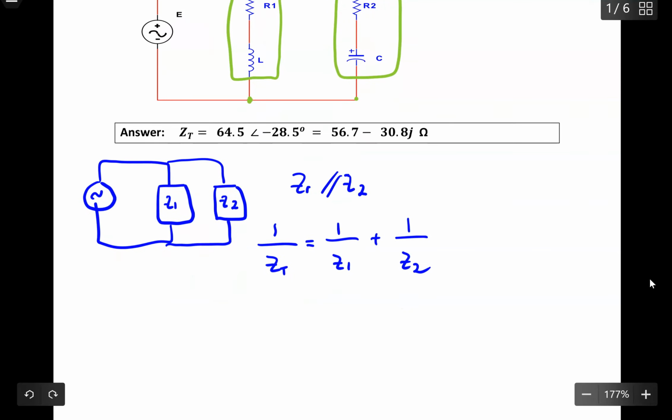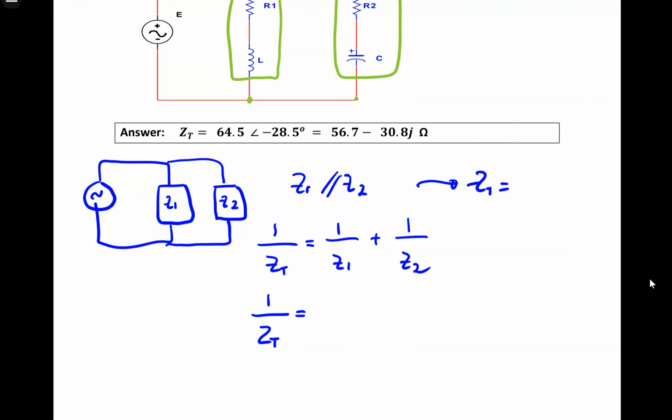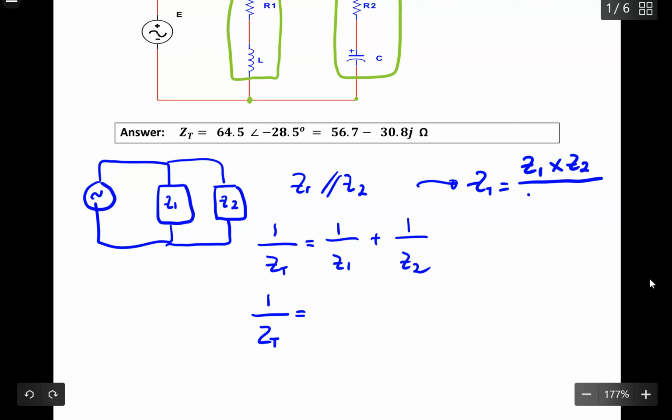I will simplify this to show you that it's the product over the sum. You take Z1 multiplied by Z2 over Z1 plus Z2, and this is your Z total. Don't forget the product over the sum only applies for just two impedances.